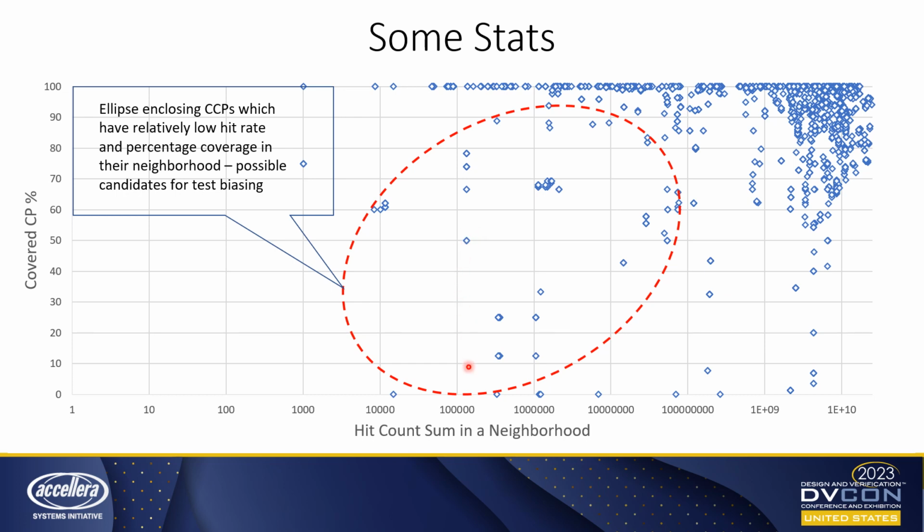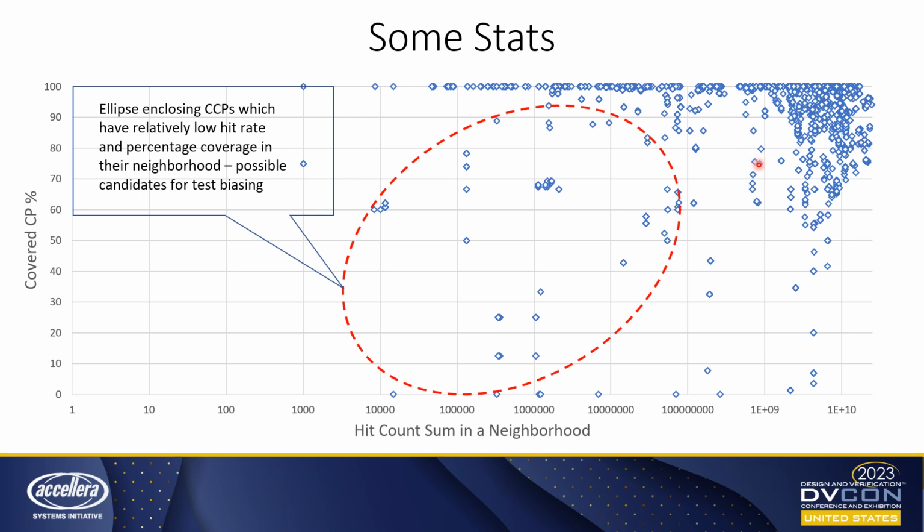The x-coordinate represents the sum total of the hit count of all the CPs in the neighborhood of this CCP, and the y-coordinate represents the percentage of CPs in the neighborhood of this CCP that were hit. As you can imagine, points with higher x-coordinate are the points whose neighborhoods have been well explored, and points with higher y-coordinate are the ones whose neighborhoods have been well covered.